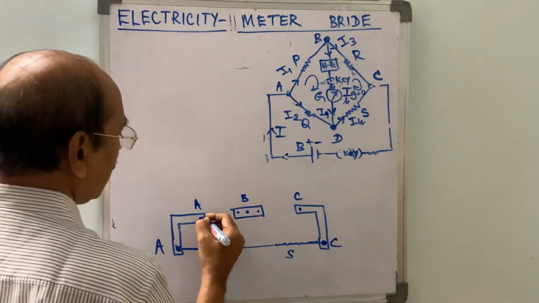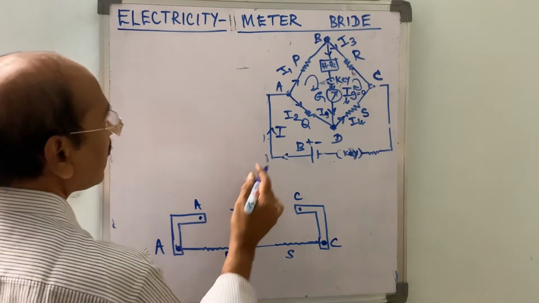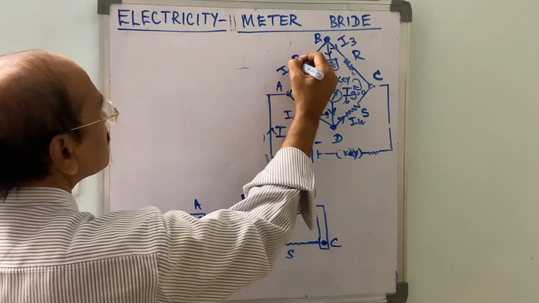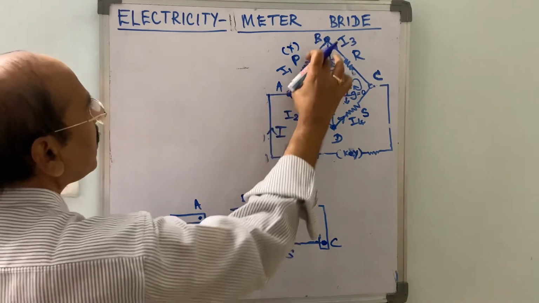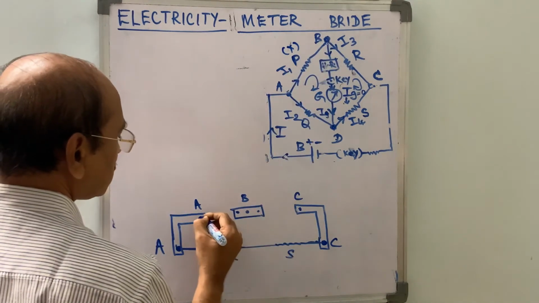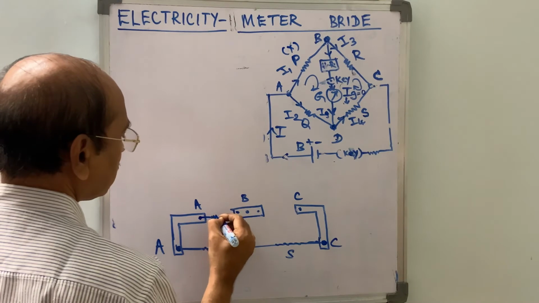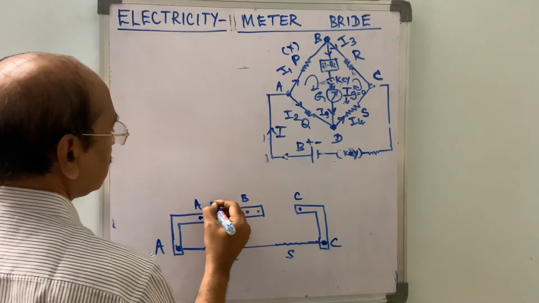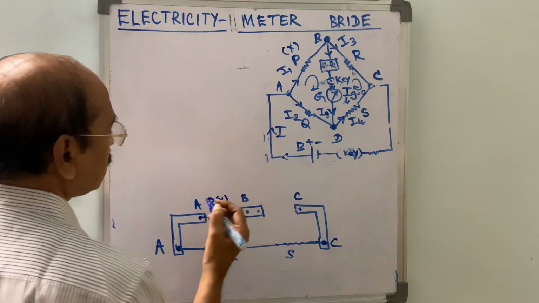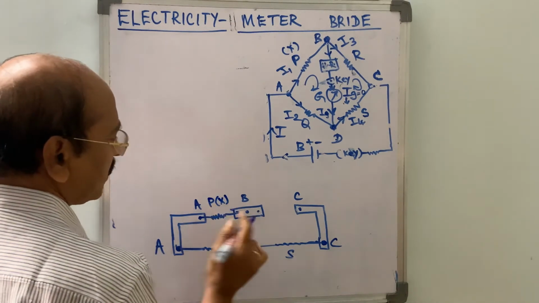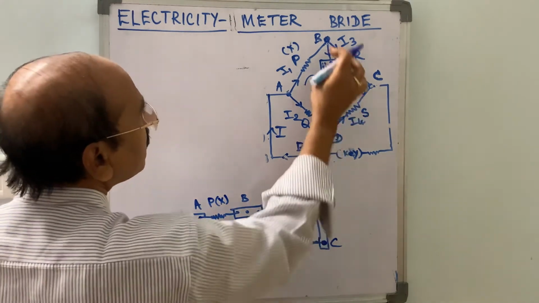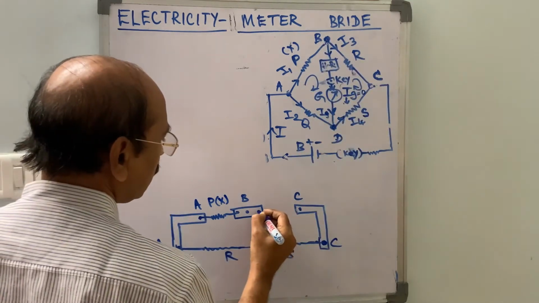Here the unknown resistance is connected, let this be the unknown resistance X, P. So between A and B the unknown resistance is connected. We have to determine the unknown resistance P or X. And between B and C there is R, the known resistance.